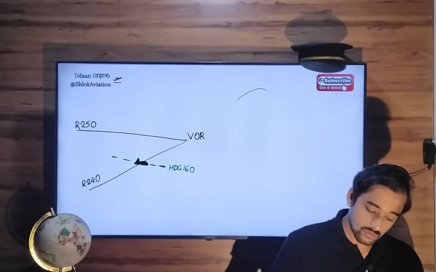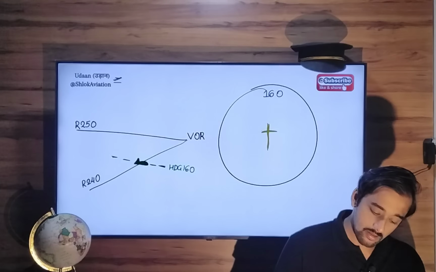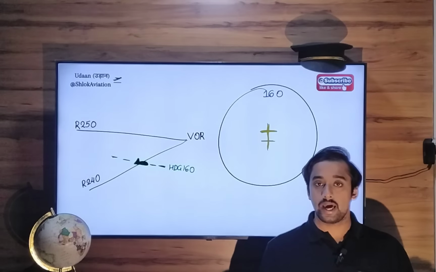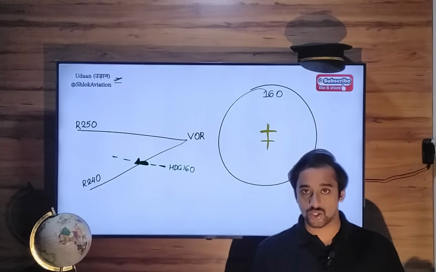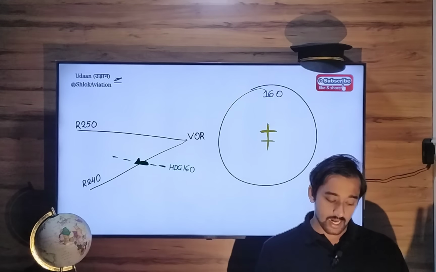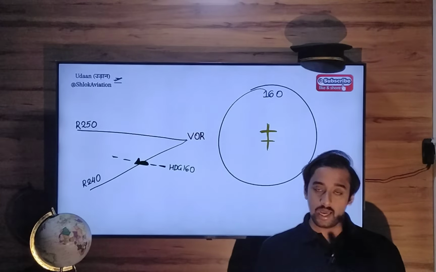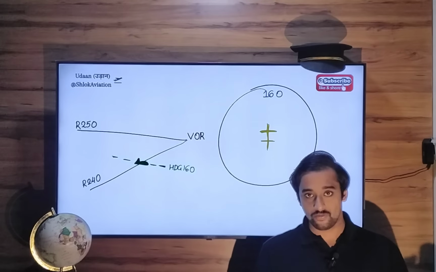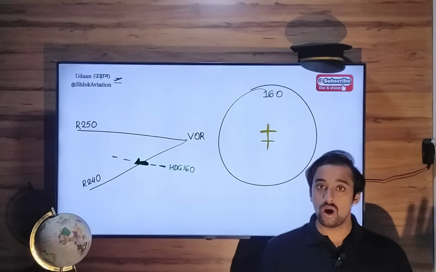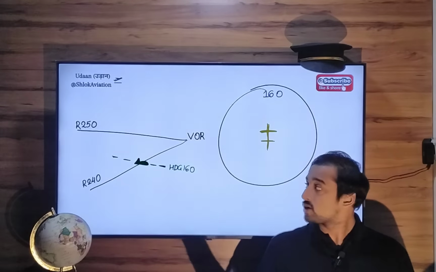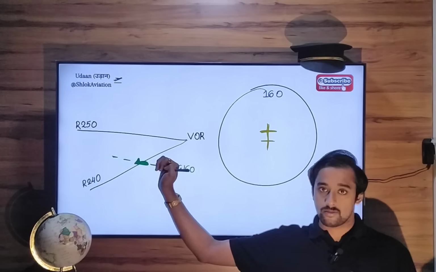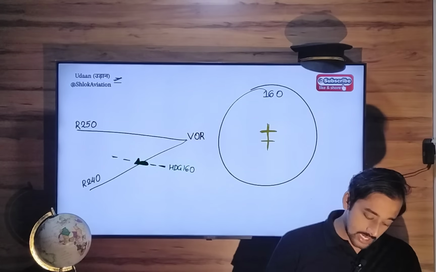It will have first magnetic heading indication on the top. There is aircraft symbol in the center like this, and we do not have reverse sensing in case of HSI instrument. So if you have selected 240, your aircraft is on 240 radial and you have selected a course of 250. Okay, 250 will take you away from VOR. So how to determine that?